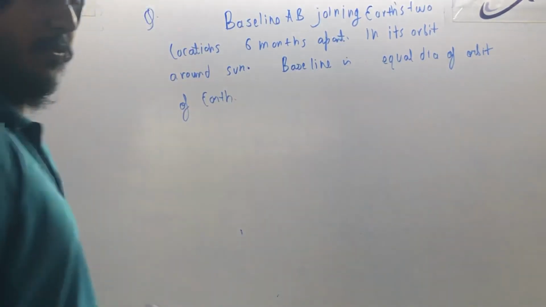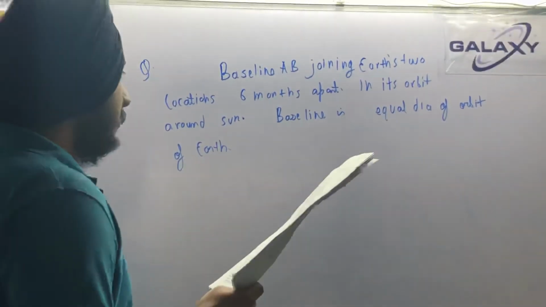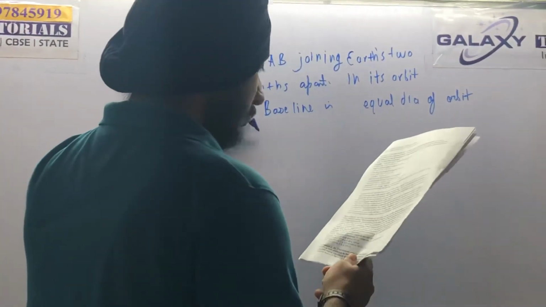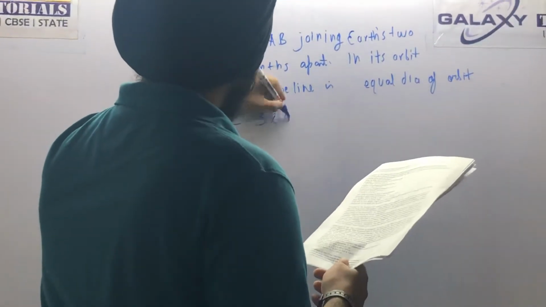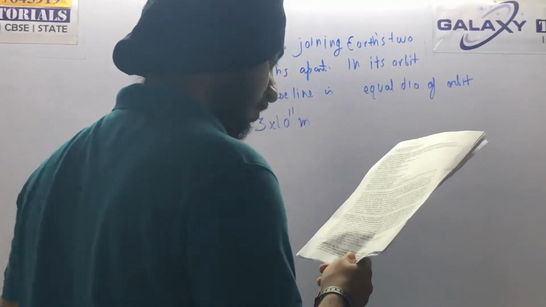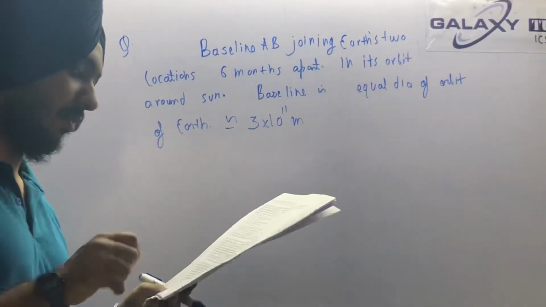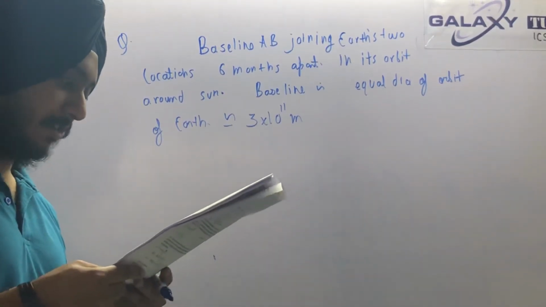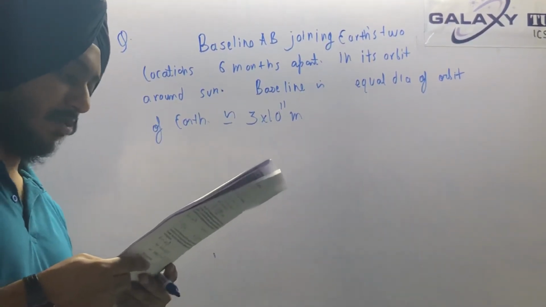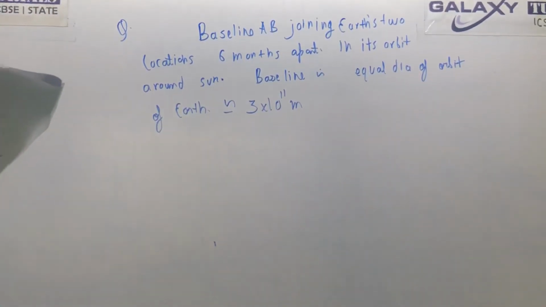Okay, I will explain to you everything about the question, don't worry. And this value is approximately equal to 3 into 10 raised to the power 11 meters. However, the question says, even the nearest stars are so distant that with such a long baseline they show parallax of only the order of 1 second of arc or so.